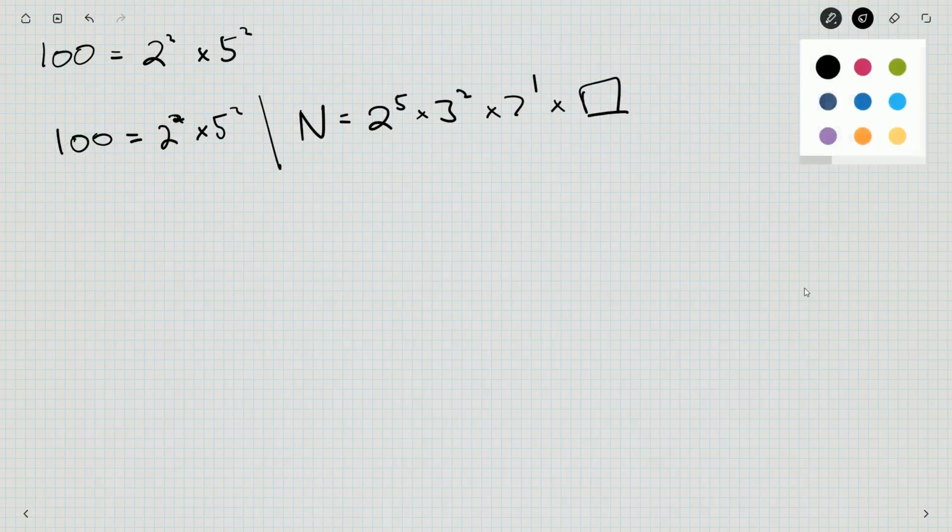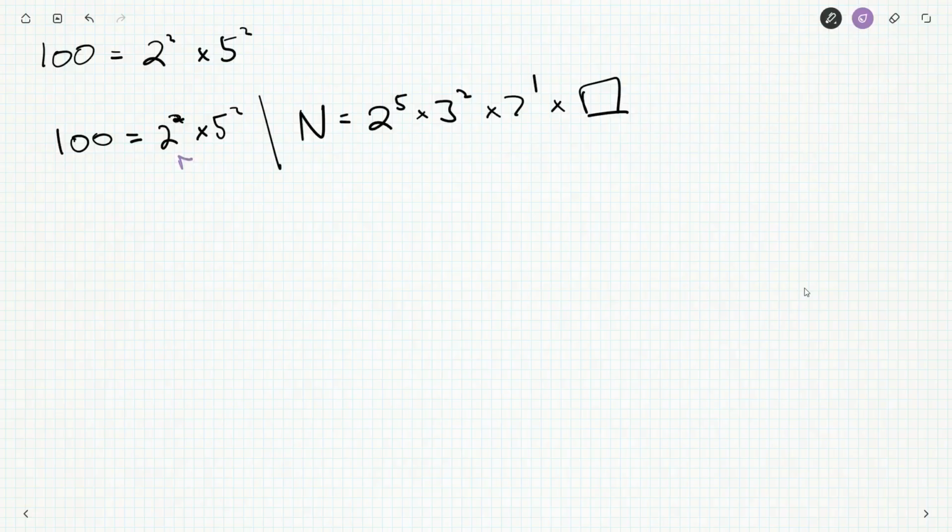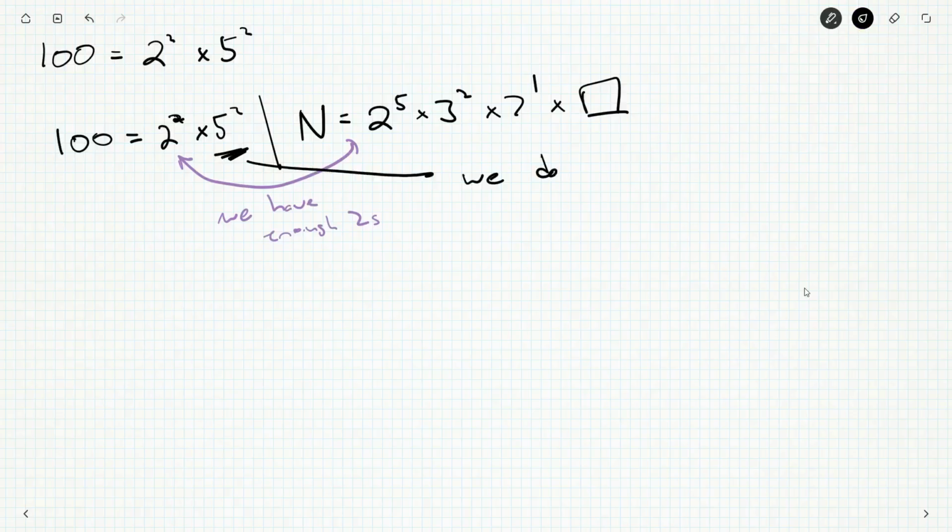So if we take a look here, we have enough 2's. But we don't have 5's. We don't have any 5's. We need at least 2.